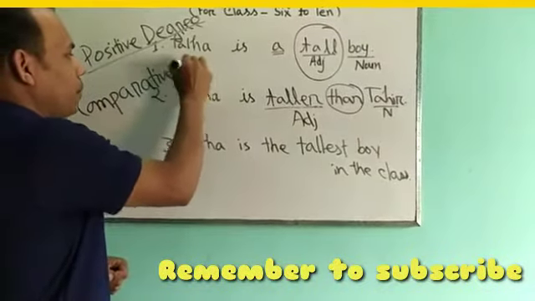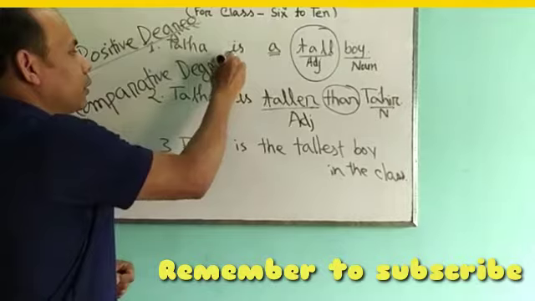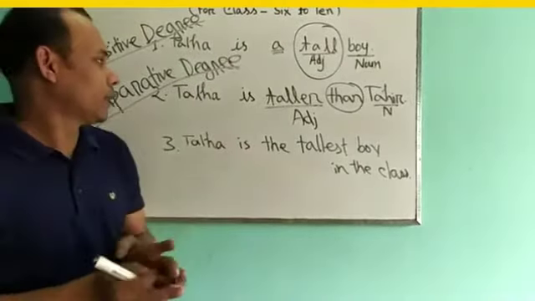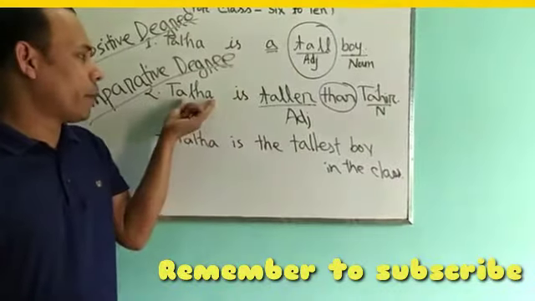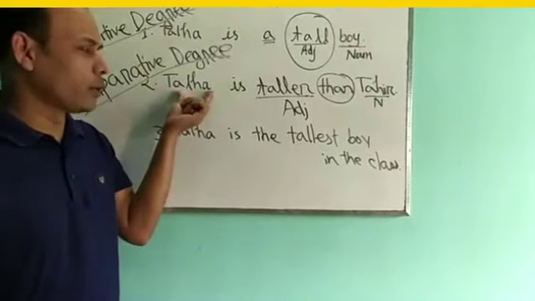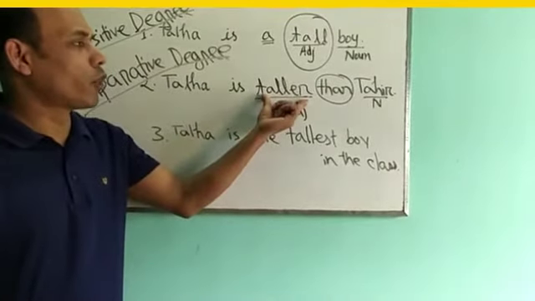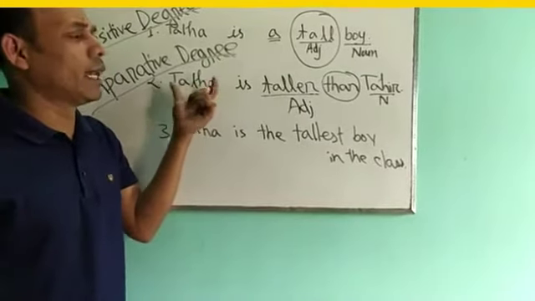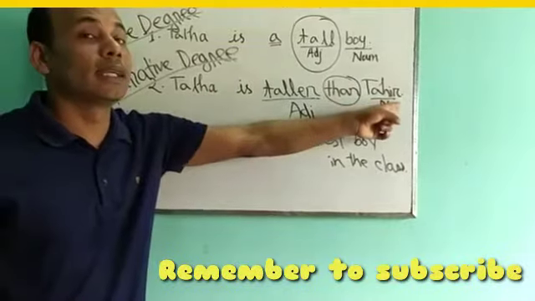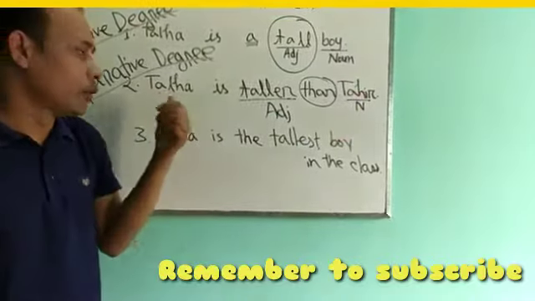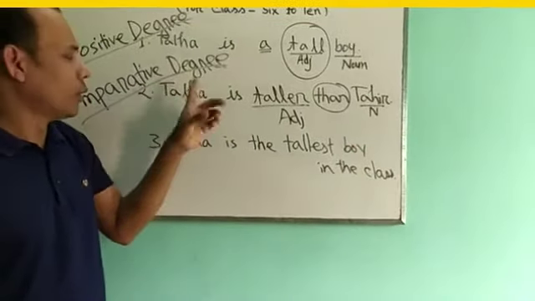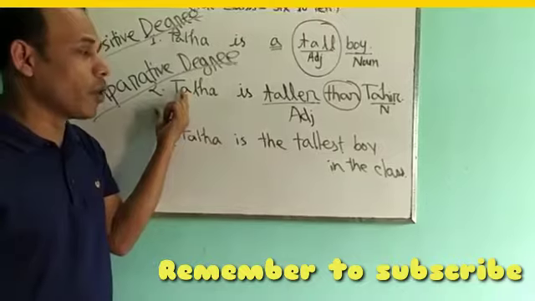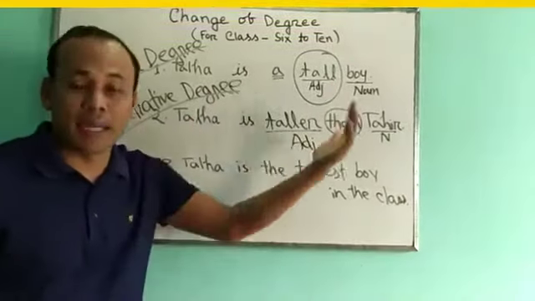Comparative degree. Here the comparative degree modifies the subject, but here is the comparison with Tahir. So in short, I can say comparative degree compares with another person.